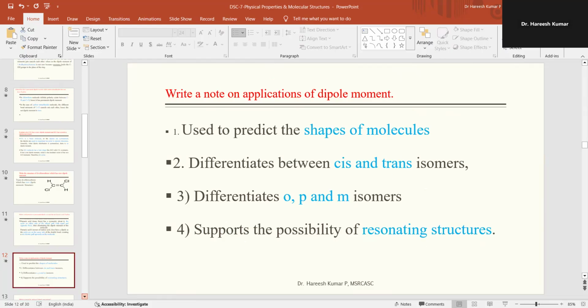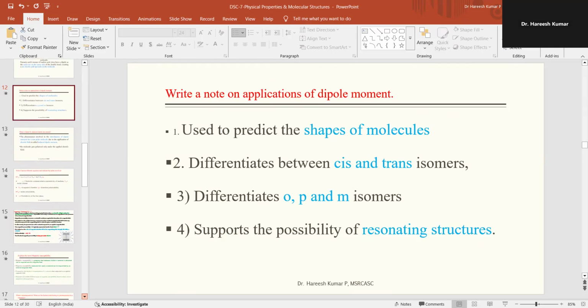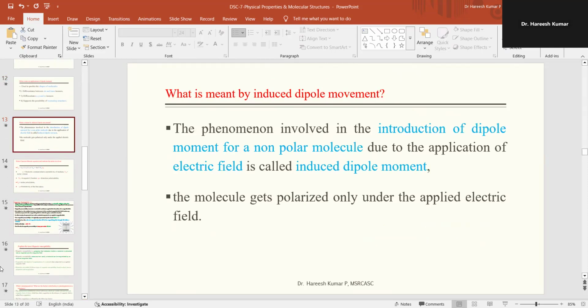Let's go to another question. Here I'm taking: what is meant by induced dipole moment? That means the phenomenon involved in the introduction of dipole moment for a non-polar molecule due to the application of an electric field is called induced dipole moment.